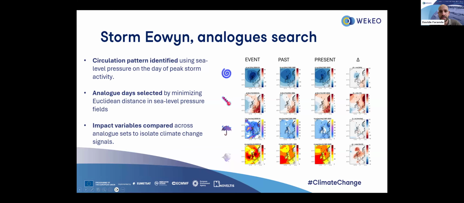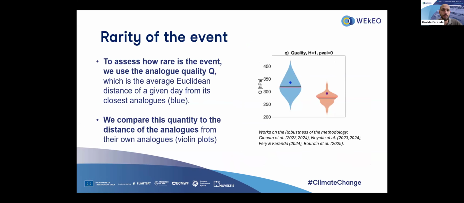Again, we have the past and the present temperature during the analogs of pressure, and then we can see that the temperature is generally higher, up to 3 degrees warmer in the present compared to the past on the British Isles and North France, the Benelux and Germany, while we have a lower pressure because of the deeper pressure gradients here. And we can see that we also have higher precipitation in Scotland and in the English Channel, and we can have stronger winds. So that's basically the methodology.